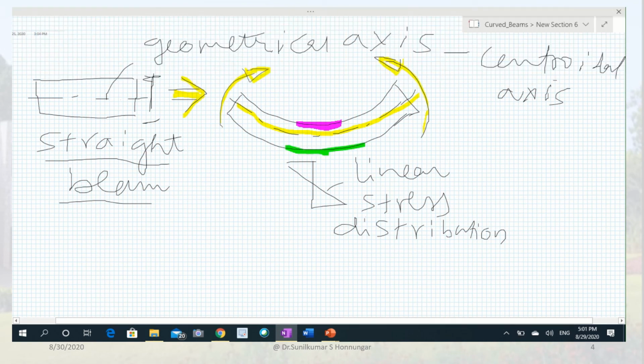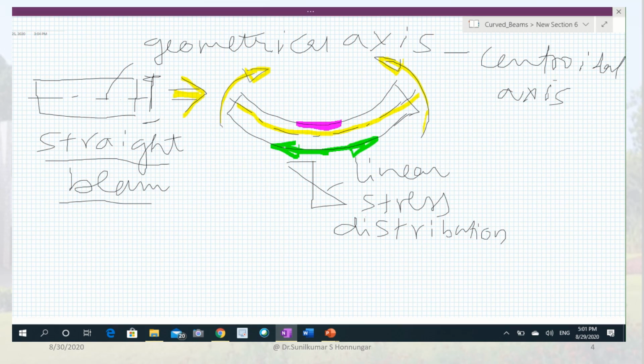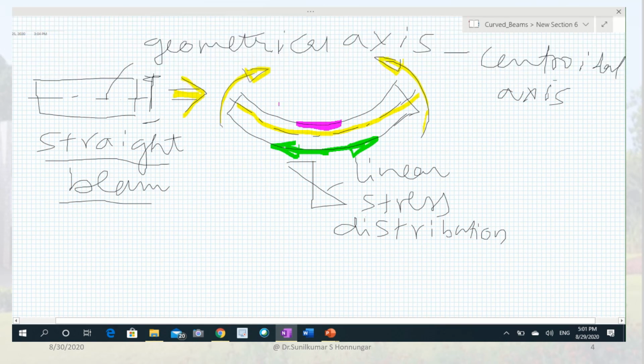Expand means there is going to be some sort of tensile stress in the bottom, and some sort of compressive stress in the top.